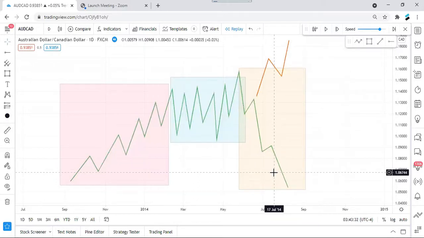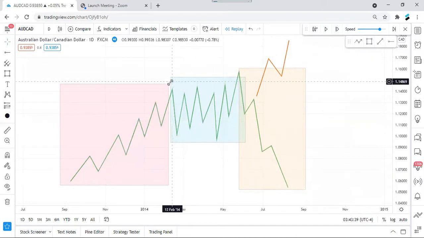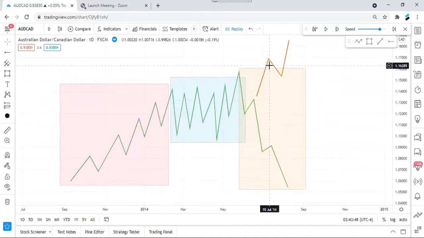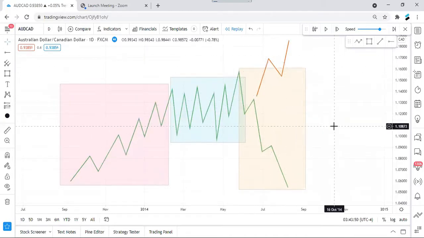And the next logical action that these banks will do is they will just move into horizontal movement before they decide if they want to reverse the market or take the market even higher, right?